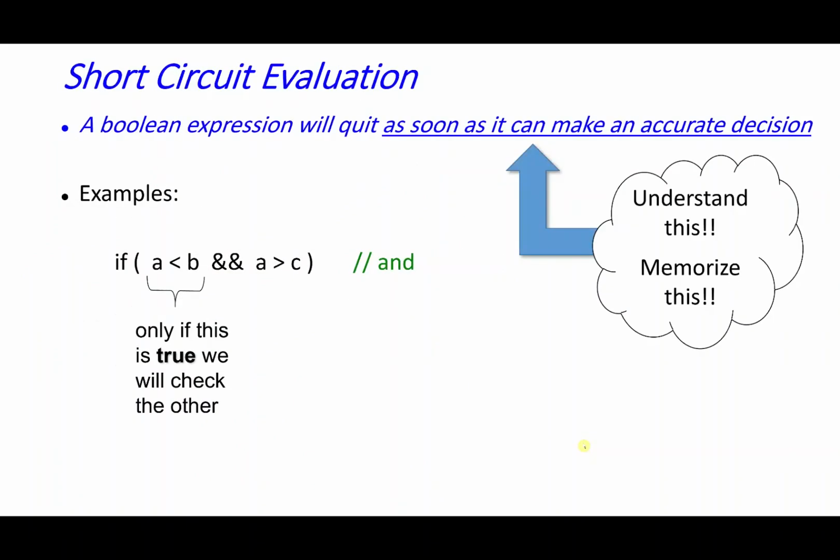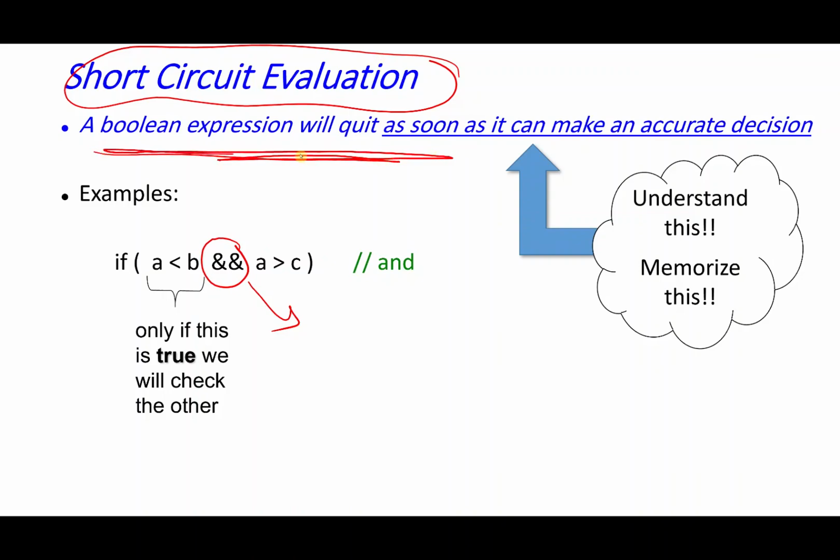Okay, what I was talking about, having the two ORs or two ANDs, this is called the short circuit evaluation. And this is going to be in your test, by the way. There is a question in your test about the short circuit evaluation. Short circuit evaluation means that a Boolean expression is going to quit, to give you a final answer to the evaluation, as soon as it can make an accurate decision.